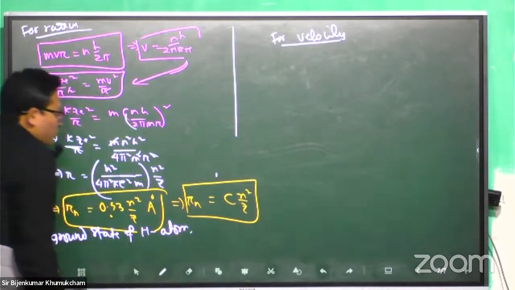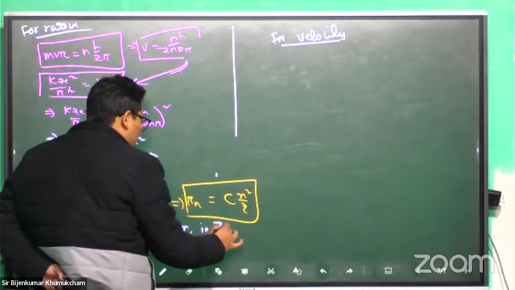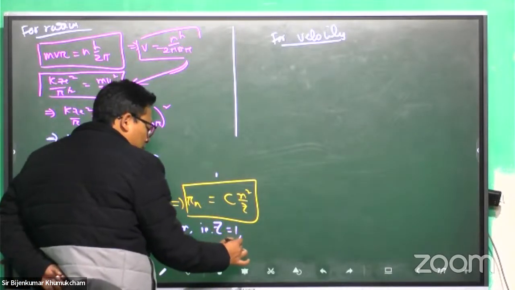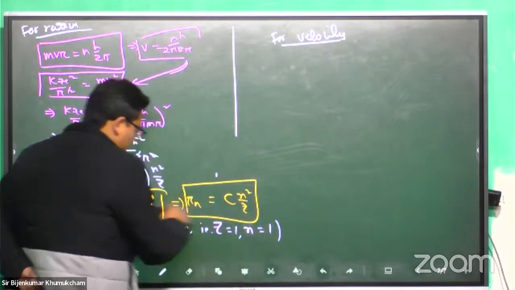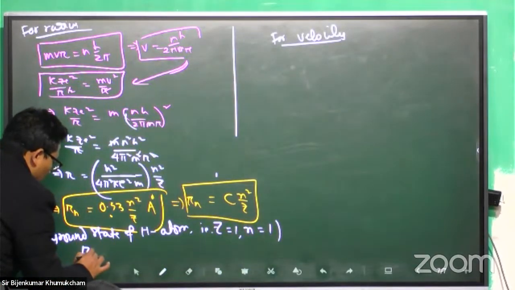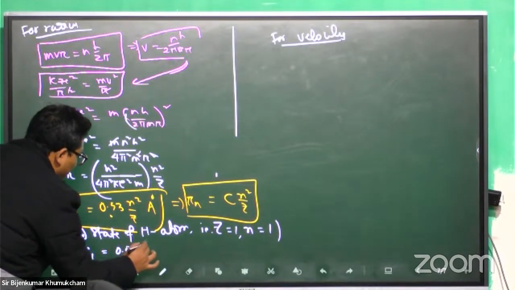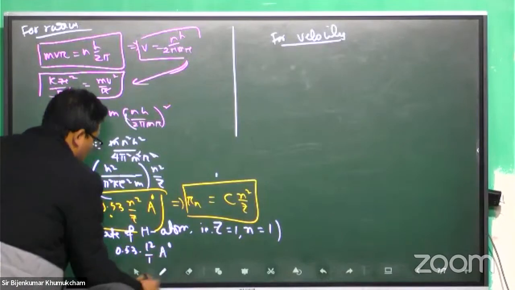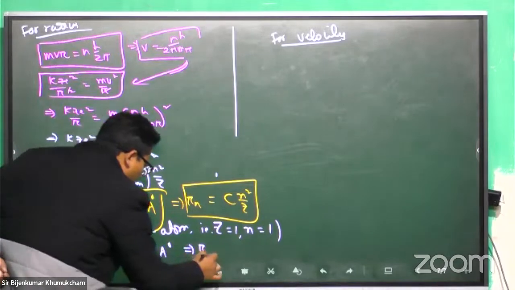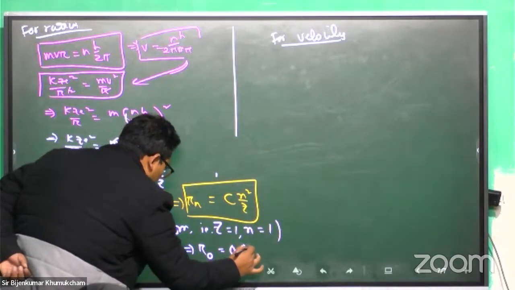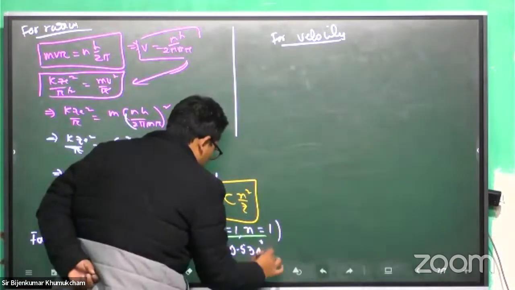For hydrogen, Z is 1, and for the ground state, n is 1. So r1 equals 0.53 times 1 square by 1 angstrom. So r0 equals 0.53 angstrom. This is what we call Bohr's radius.